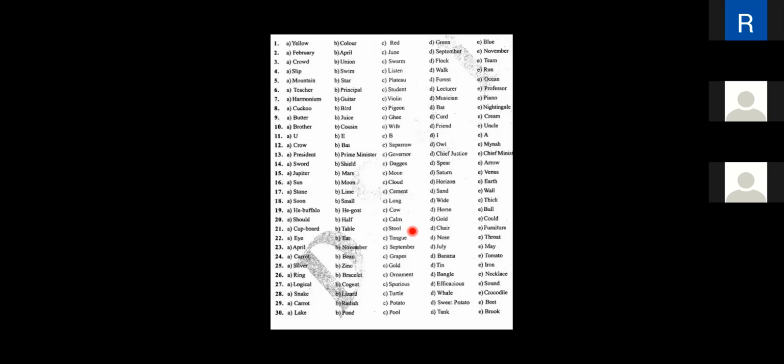A is there, I is there, E is there, U is there. But here B is included instead of O. And therefore your answer is C, that is B. Right? So B is not a vowel. Now, question number 12. Crow, bat, sparrow, owl, and myna.